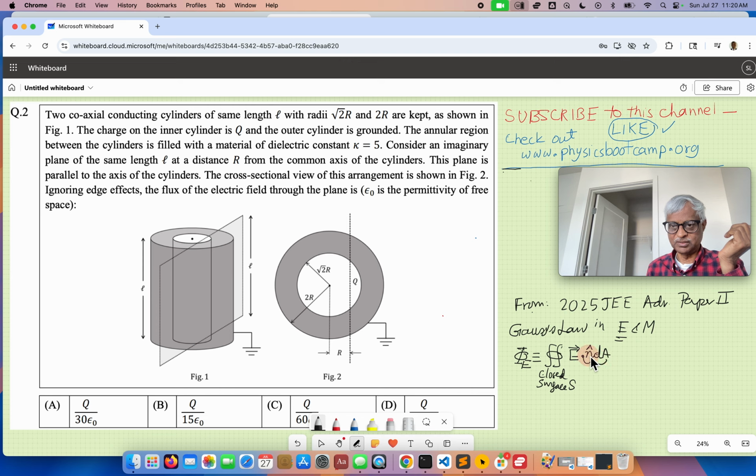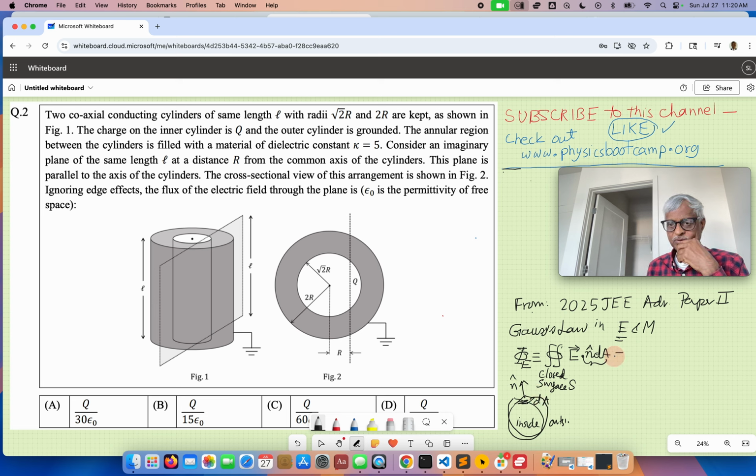So this is dA, and the normal to that is n hat. The surface is like that, so there is an inside and an outside, and the normal goes from inside to outside. That's the orientation of the normal.